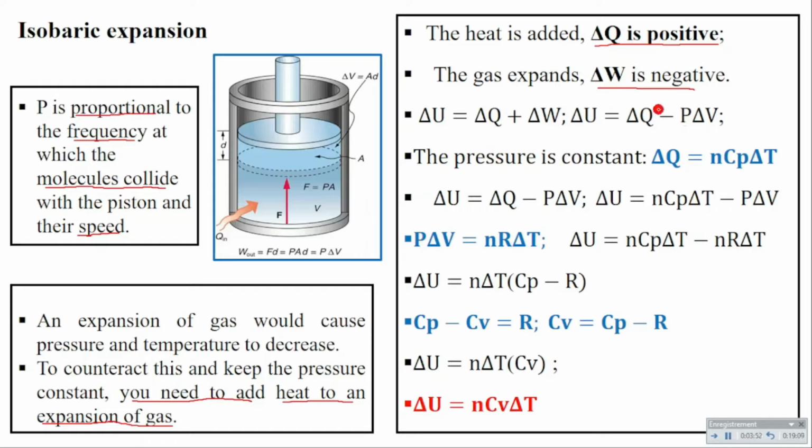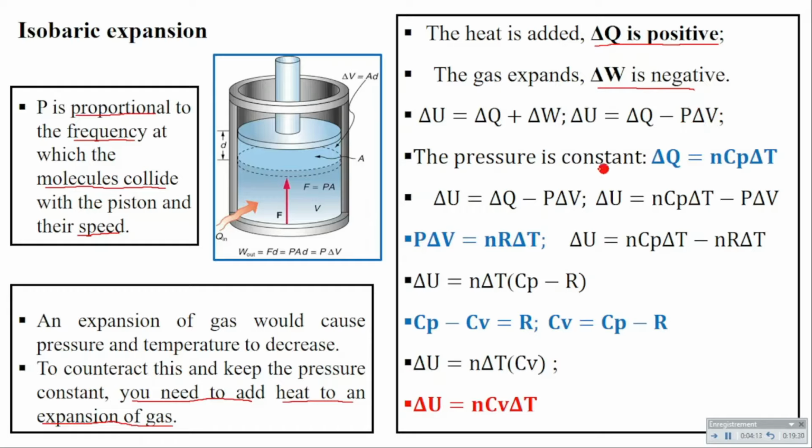So remember, the work done is equal to negative P dV. Automatically you get negative work done, because dV is positive, the volume is increasing. That means the final volume is higher than the initial volume.